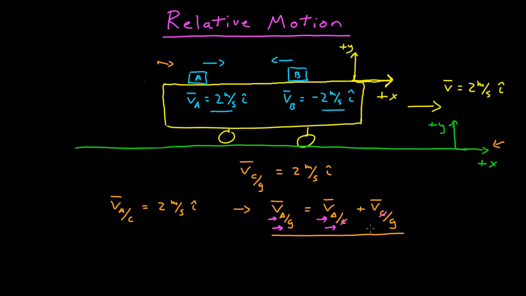Okay, and so let's use this in this simple example. In this case, the velocity of A relative to the ground is equal to 2 meters per second i hat, plus the velocity of the car relative to the ground, 2 meters per second i hat, and so 4 meters per second i hat.